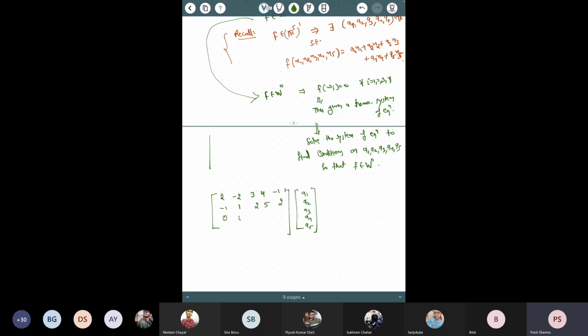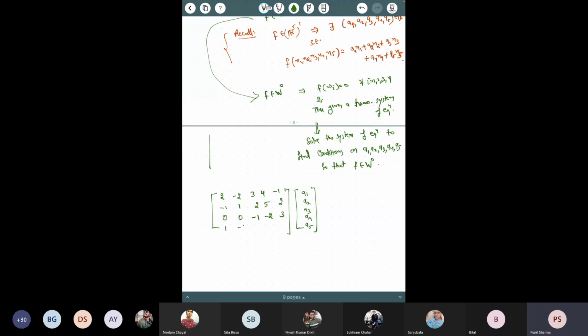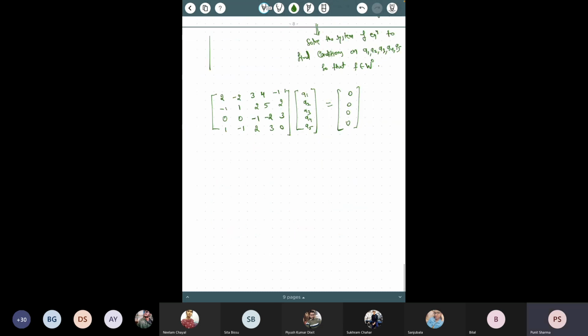And then W3: 0, 0, minus 1, 2, 3, minus 2, 3, right? And then 1, minus 1, 2, 3, 0, and this is equal to this one, right? Now if you solve this system of equations, you will get conditions on a1, a2, a3, a4.